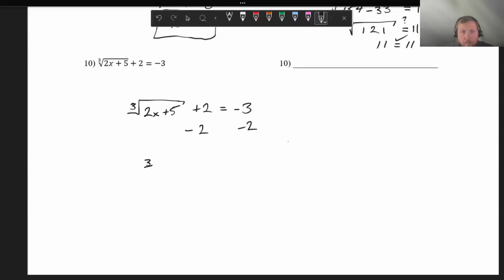So I have the cube root of 2x plus 5 is equal to negative 5. So now I'm going to cube both sides to cancel out the cube root.